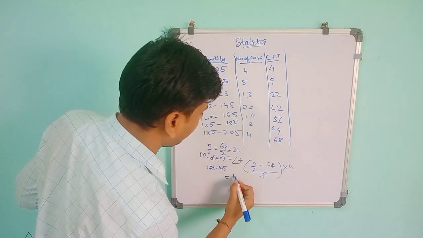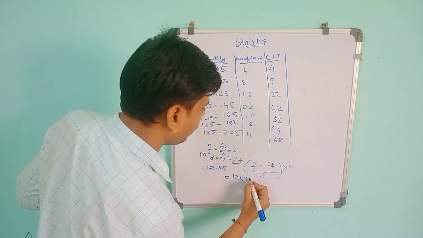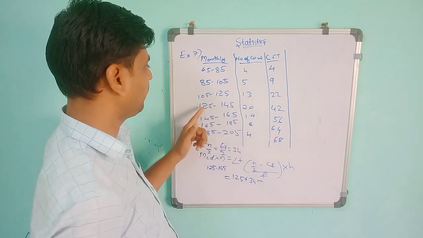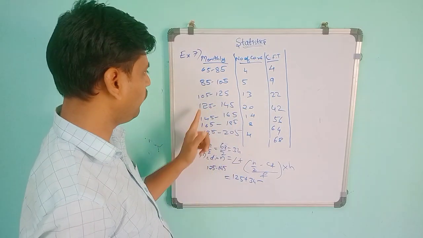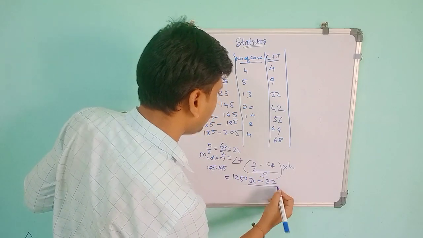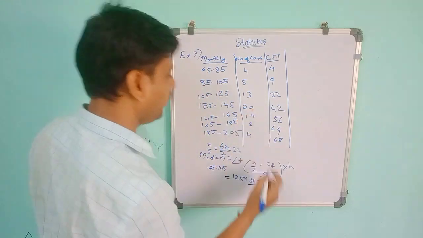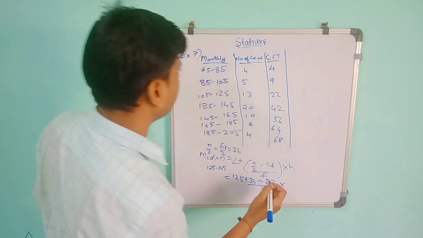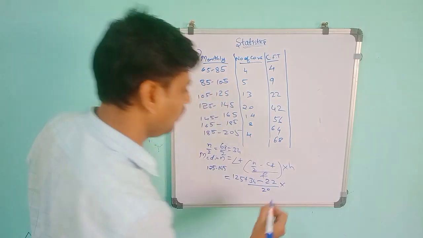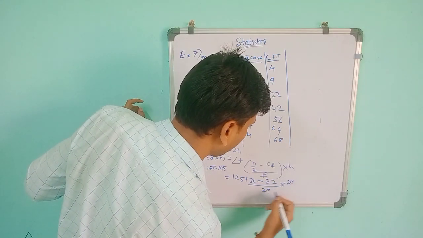So L is 125. Then n by 2, which is 34, minus the cumulative frequency preceding the median class, so median class is 125 to 145, and this will be 22. Divided by F, the frequency of the median class, which is 20. H is also 20, see the intervals 65 to 85 is 20, 85 to 105 is 20. So the 20s get cancelled.